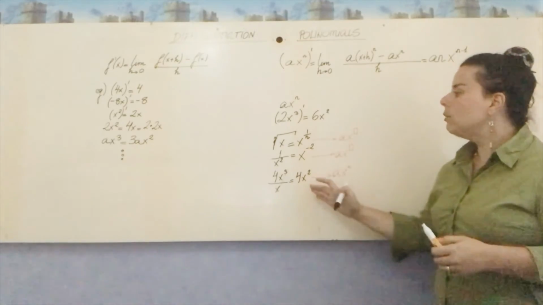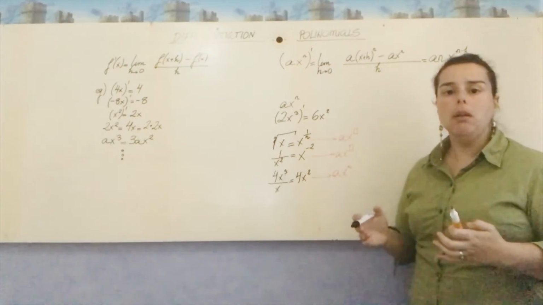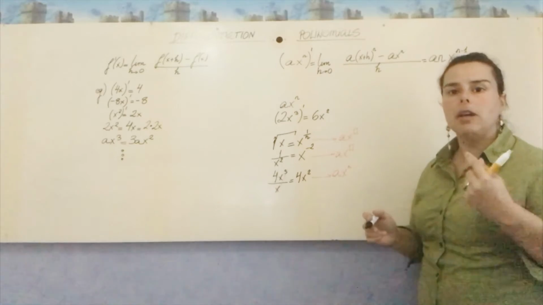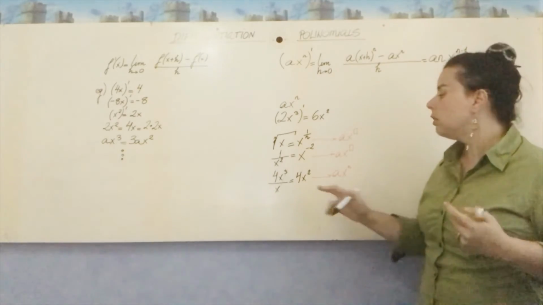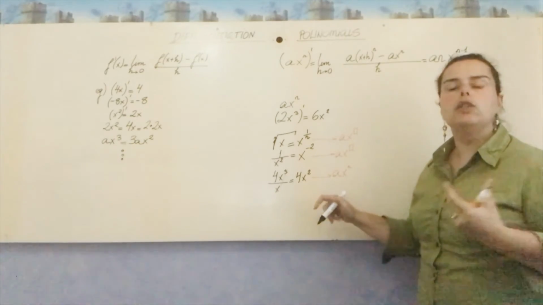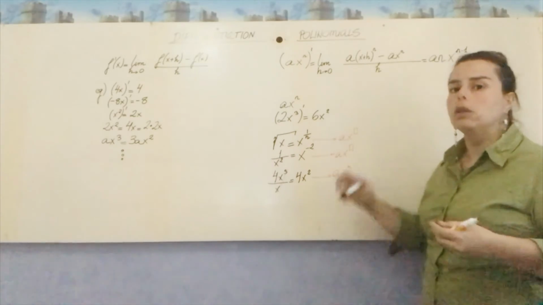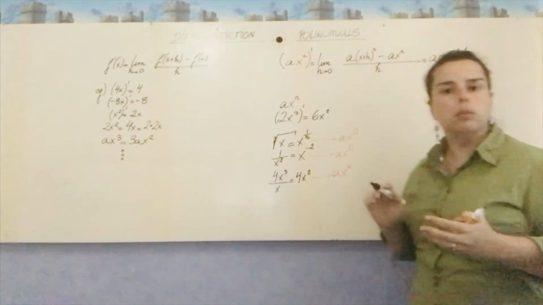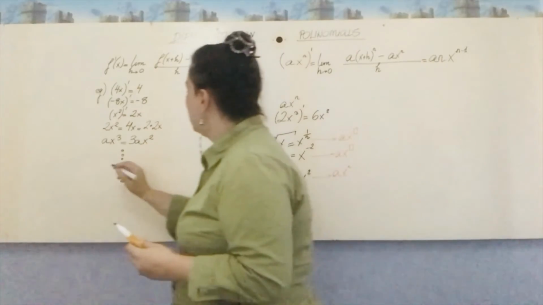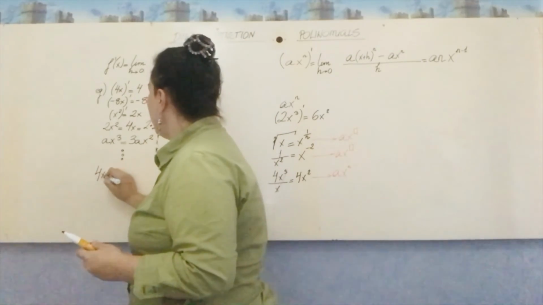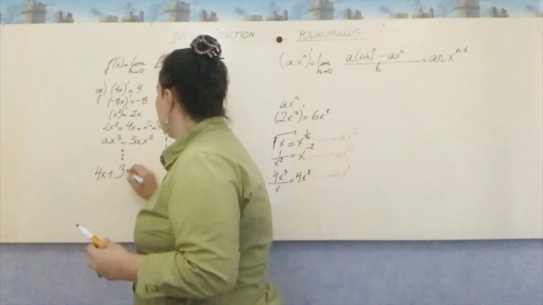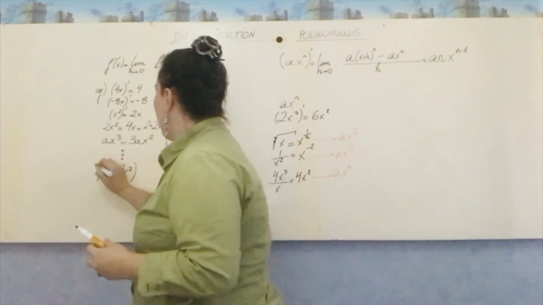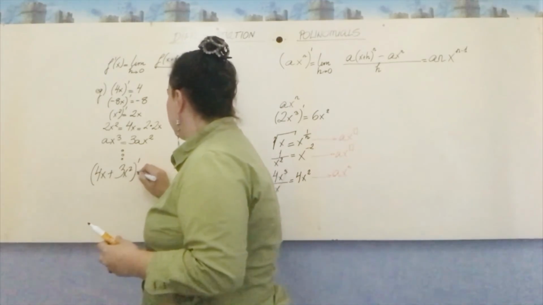Now, if I combine them in a polynomial, then I simply have to derive each one of the monomials and combine them together. For example, let's do something like 4x plus 3x squared, and I want the derivative of that.